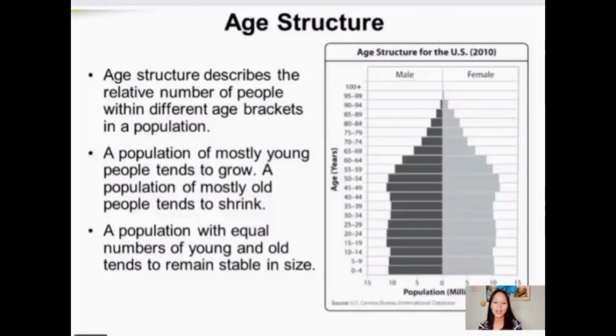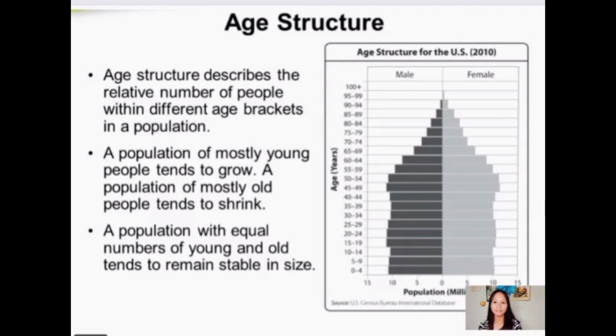And next, age structure is the distribution of people of various ages, which allows better projection of population growth plus the ability to associate this growth with the level of economic development in the region.